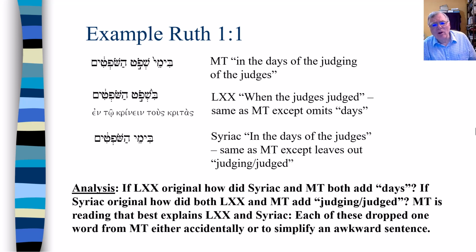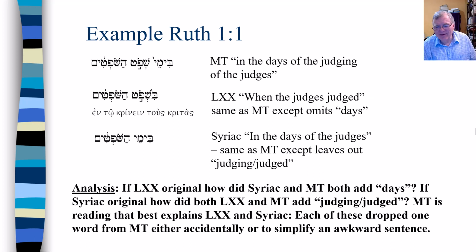But then you can ask, well, could the Syriac be original? Well, if the Syriac is original, how did both the Septuagint and the Masoretic texts get the word judging in there, in the judging of the judges, when the judges judged? And so you have a double judging, and the Syriac doesn't have that.